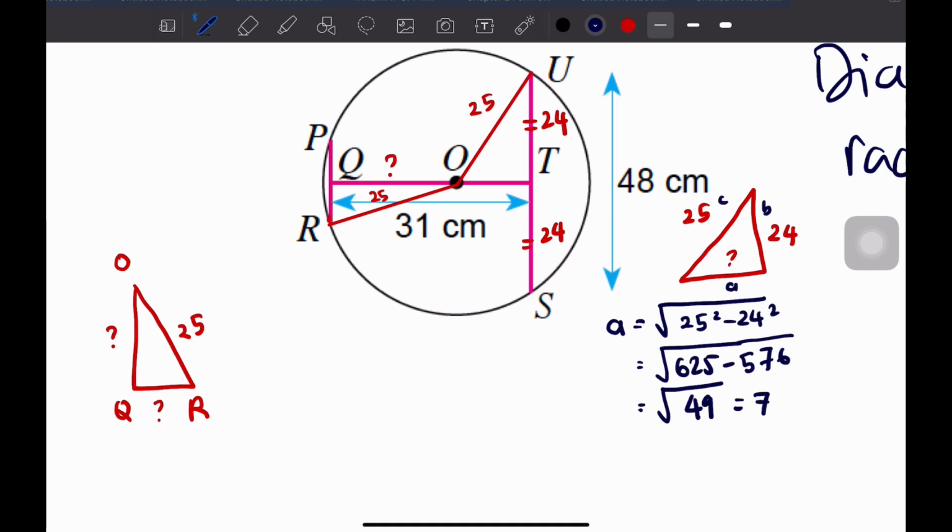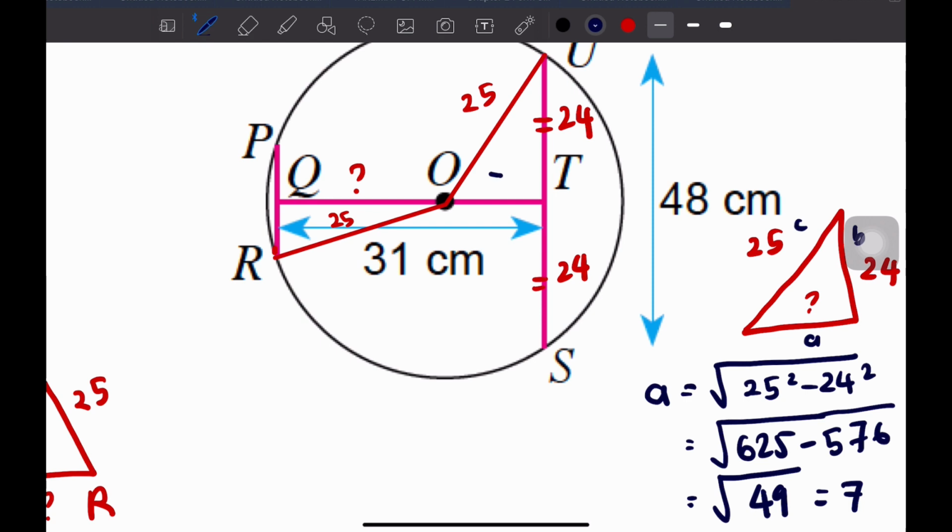So over here is 7. So I know that QT is 31, and OT is 7. So what is the length of OQ? OQ is actually 31 minus 7, which gives you 24.